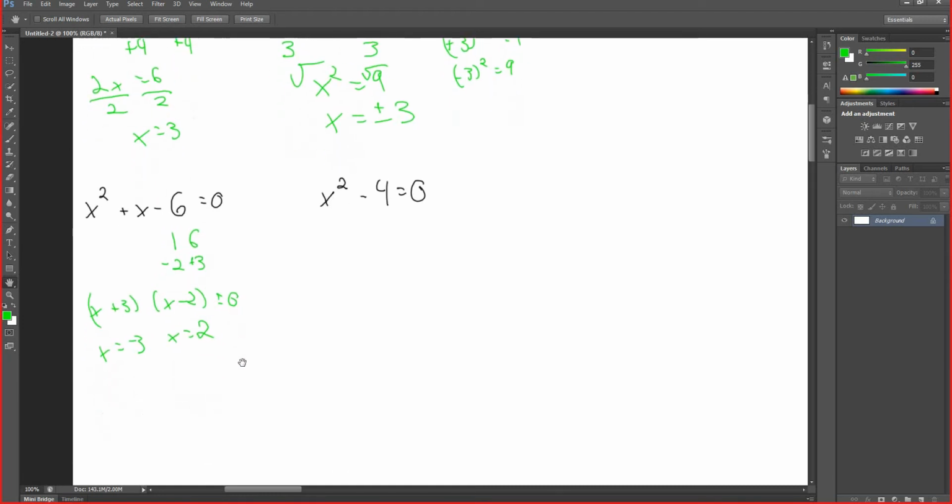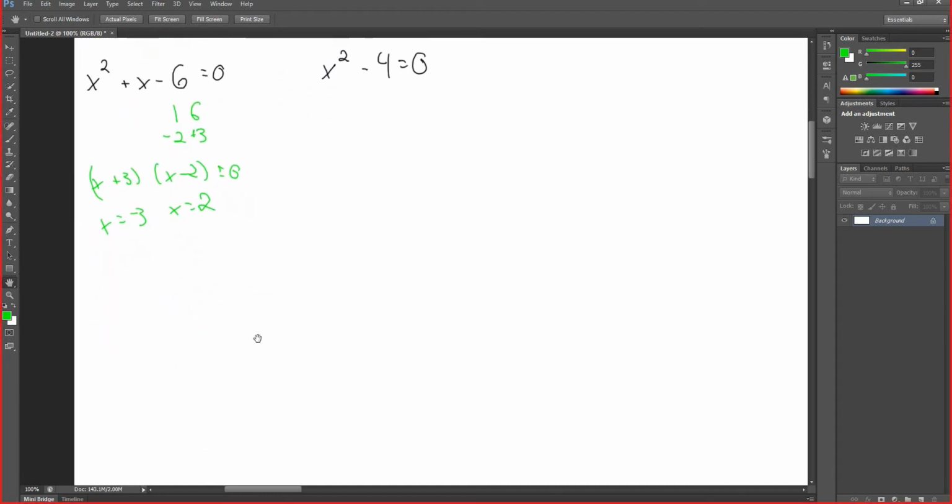What's the other way I could solve this one? It uses a fancy formula that people probably sang to you a bunch of times. The quadratic formula? Yeah, so x equals negative b plus or minus the square root of b squared minus 4ac, all over 2a. Where b is 1, c is negative 6, and a is 1.